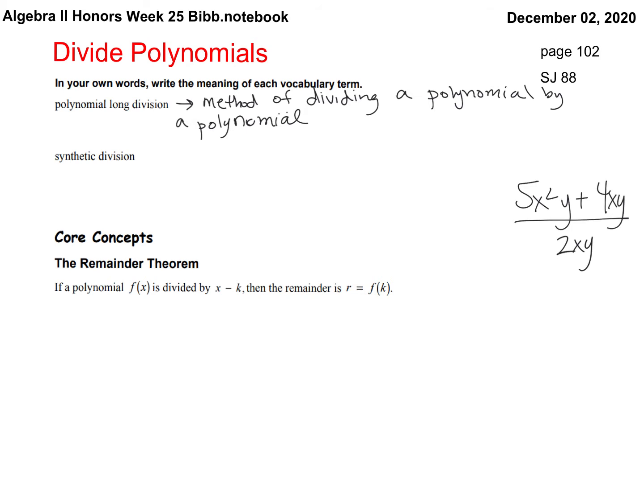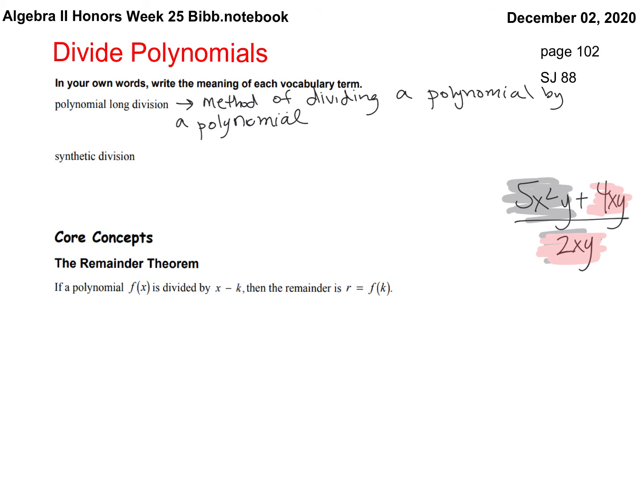You are dividing this term by 2xy and this term by 2xy. You just divide each term by that monomial in the denominator. You do not use long division or synthetic division on a problem like I have written on the side.